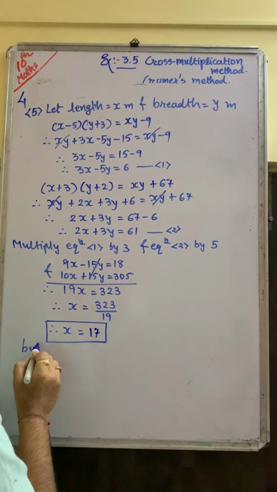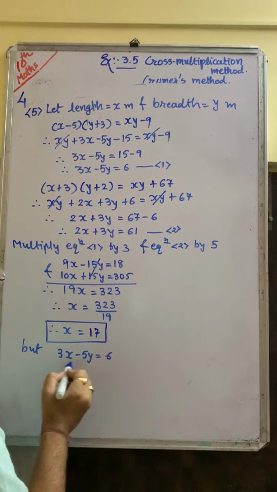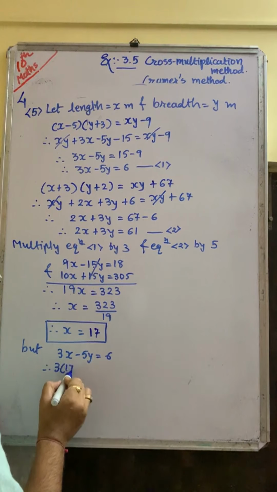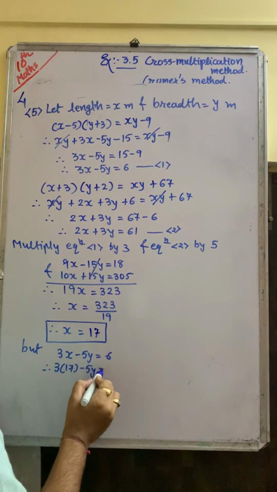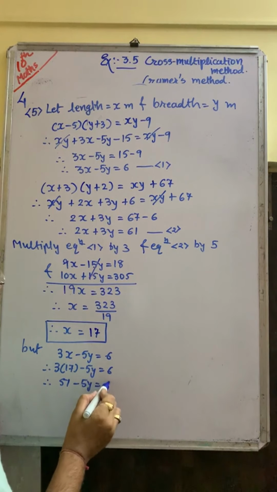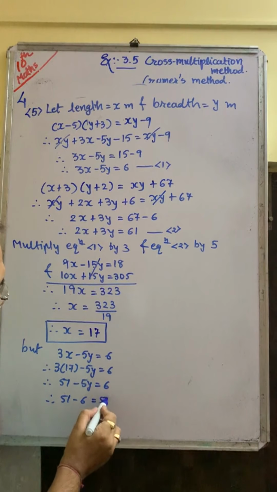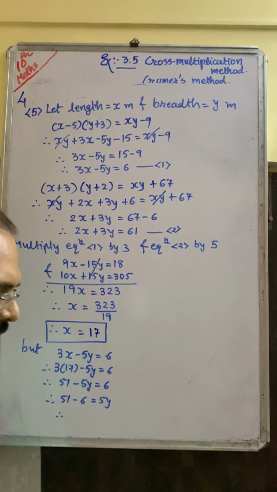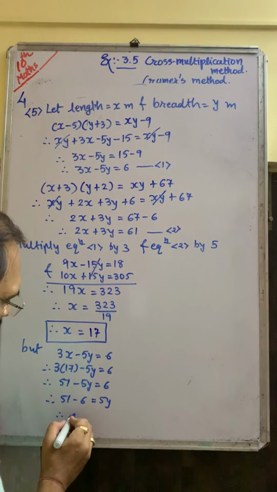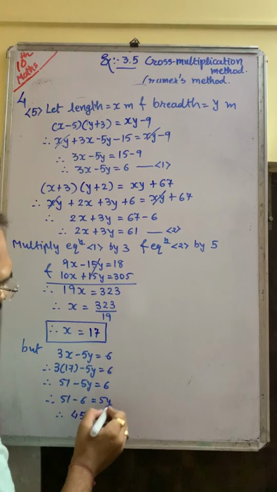Now we have one equation, suppose 3x minus 5y equals 6. Place the value of x: 17 3s are 51, minus 5y equals 6. 51 minus 6 equals 5y, take to the other side, plus 5y. 51 minus 6 is 45, equals 5y.